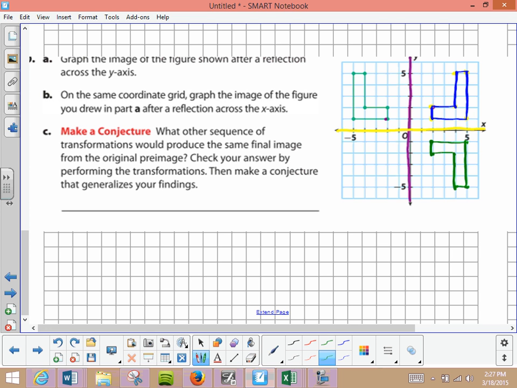What other sequence of transformations, meaning translation, rotations, and reflections, would produce the same final image, meaning the last green one? I should have done it in red. I'm going to do it in red. Would produce the final image, which is the red one, from the original pre-image, which is the green one.